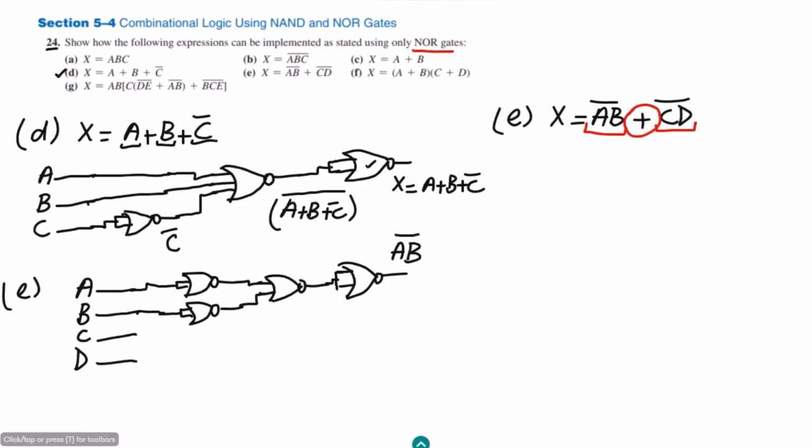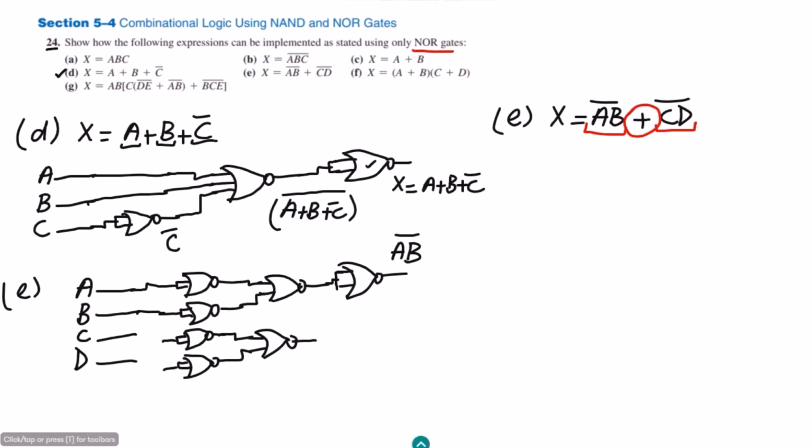Similar gates can also be applied here. This is the first NOR gate with the 2 inputs combined together. Here is the second NOR gate, with the 2 inputs shorted together. The third NOR gate has 2 inputs applied to it, and this is the AND gate.